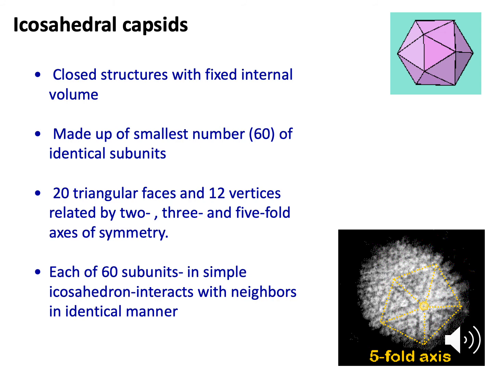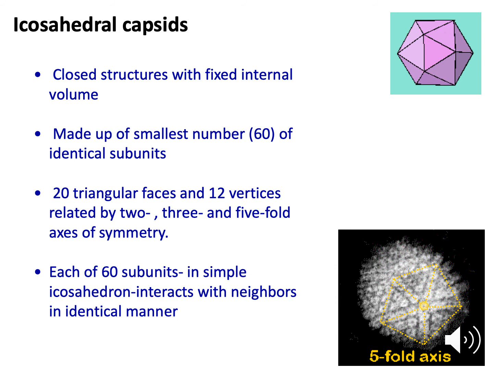You can see those are the purple triangles up on the top. 12 vertices, and those vertices are related by 2, 3, and 5-fold axes of symmetry. And so each of the 60 subunits in a simple icosahedron interact with their neighbors in an identical manner.